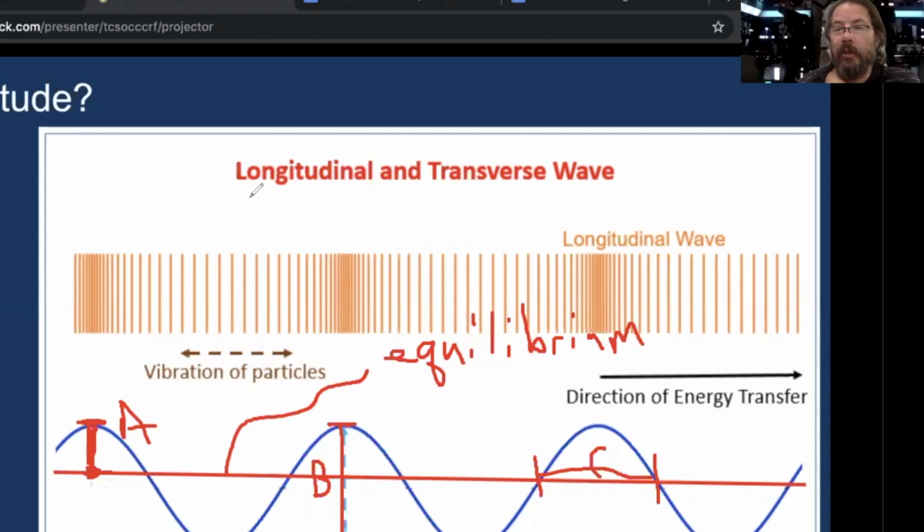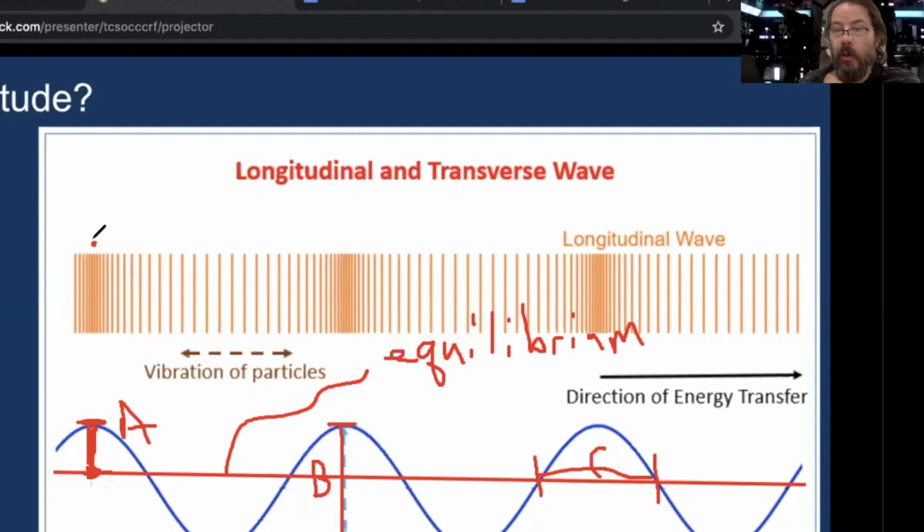All right, now let's look at the longitudinal wave. What's the amplitude on the longitudinal wave? Let's just keep it that, what would be the resting point? We have to really see this, and that's the problem with this drawing: where is the rest point? For example, this particle right here that's compressed, at one point it was not compressed.